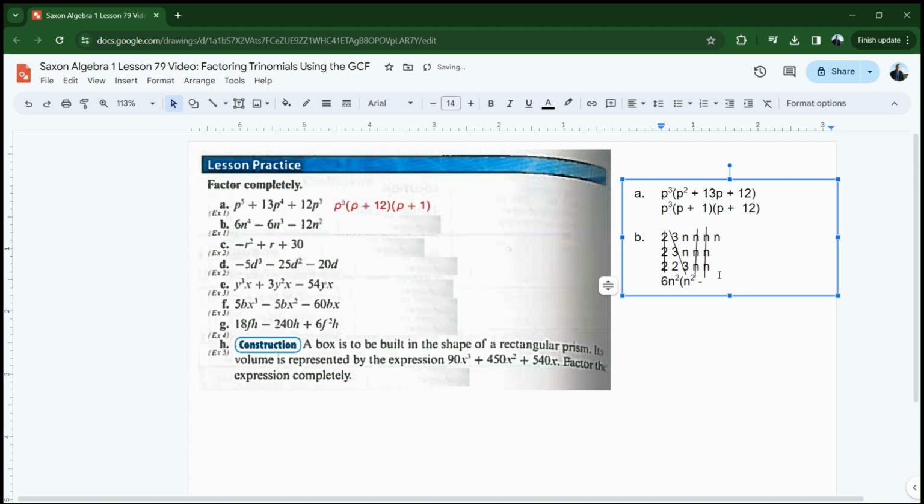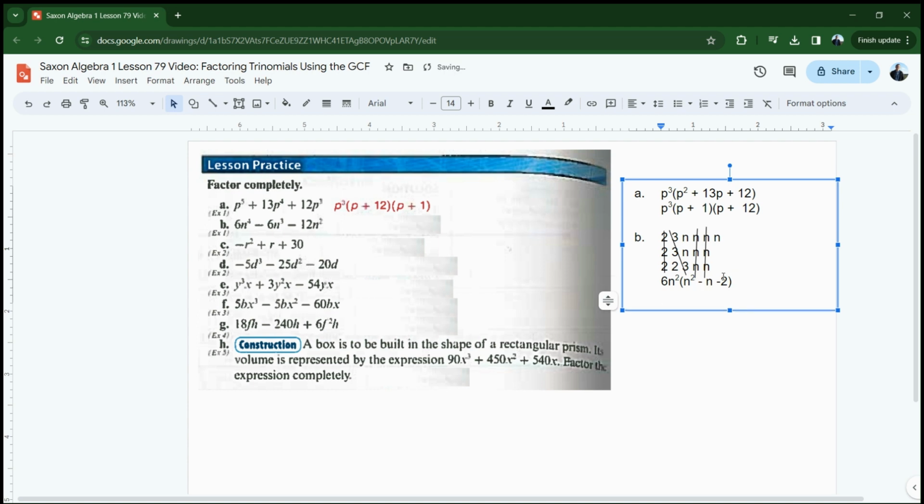And then let's see, the next thing is just regular old n, minus n, and then a minus again. And in my last term, the only thing I had left was a 2. There we go. So it's going to be 6n squared times n squared minus n minus 2.